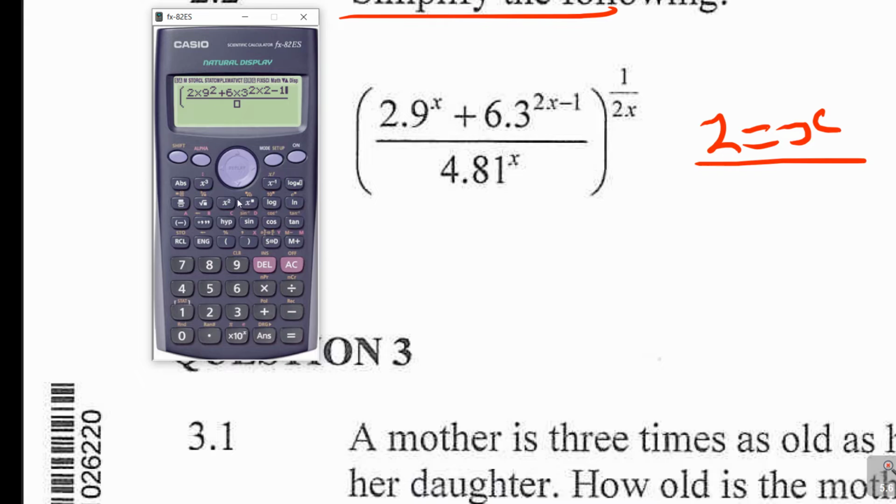All over 4 times 81 to the exponent 2. And then I need to close that bracket to the power fraction 1 over 2 times 2. And it gave me what? 1/3. Look at that. I'm also getting 1/3.